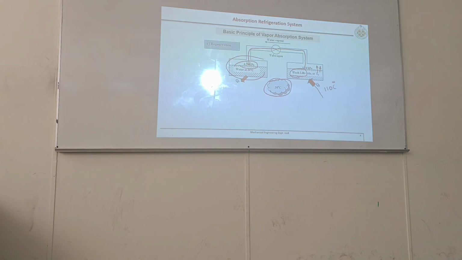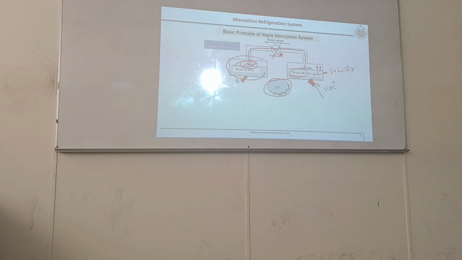So it will be condensing at 30 degrees Celsius. The pressure is 4.24 kilopascal corresponding to 30 degrees Celsius, so that the required amount of water vapor is condensed here. When the required amount of water vapor is condensed, it will again become 50% lithium bromide solution.